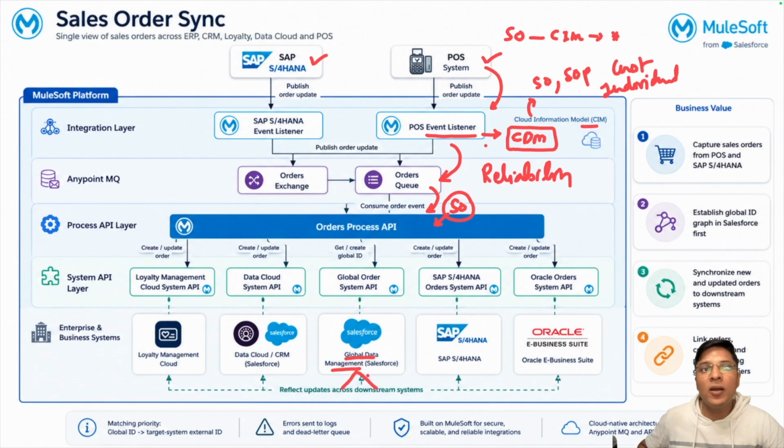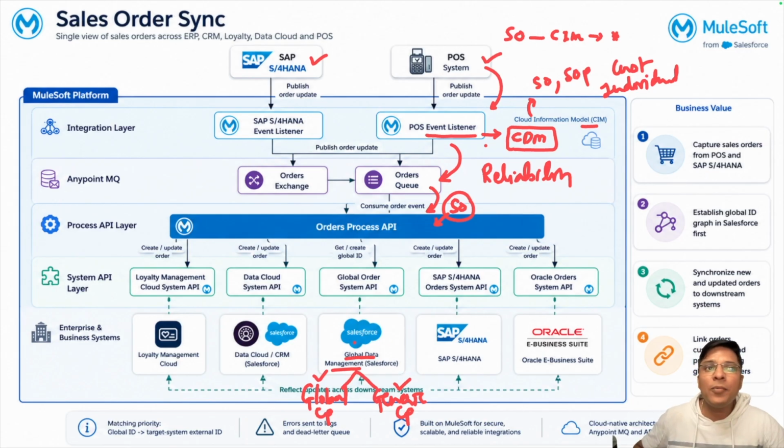Now, this global data management will keep two customer profiles. One is the global customer profile and another is a generic customer profile. If the sales order brings the customer data, then it will map to the global customer profile. If the sales order doesn't bring the customer data, then it will map to the generic customer profile.